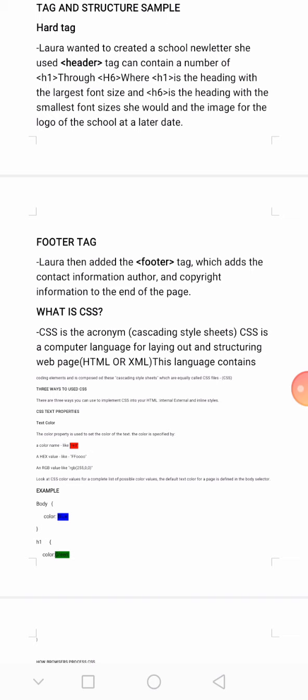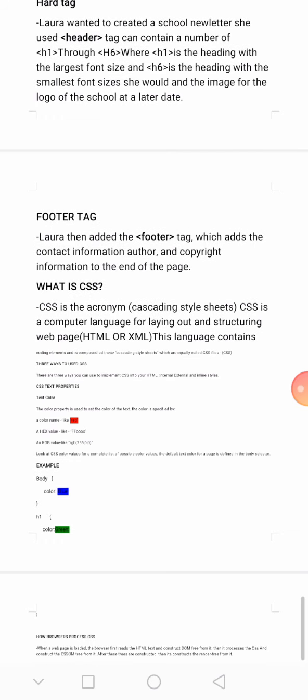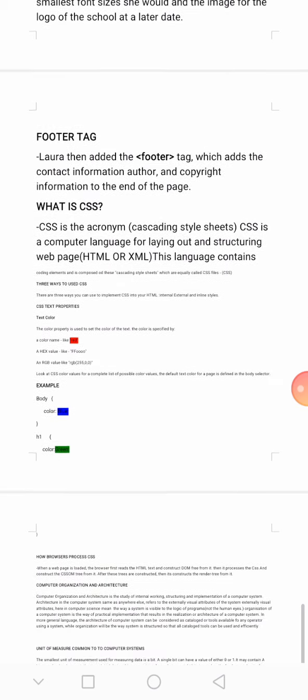Look at CSS color values for a complete list of possible color values. The default text color for a page is defined in the body selector. Example: body, color blue, color green.